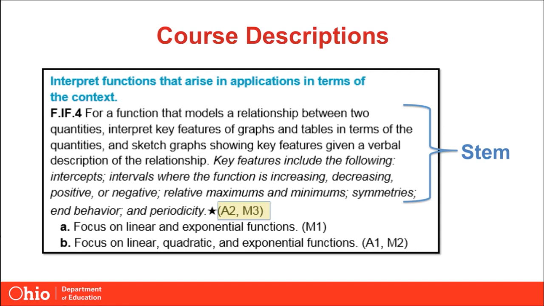However, B shows that Algebra 1 and Math 2 students are responsible for a modified version of the STEM that focuses on linear, exponential, and quadratic functions. However, again, a teacher may choose to touch on different types of functions besides quadratics, exponentials, and linear functions to extend a topic if he or she wishes.